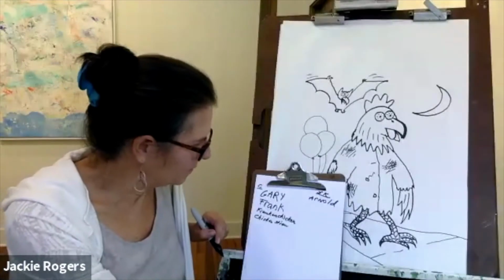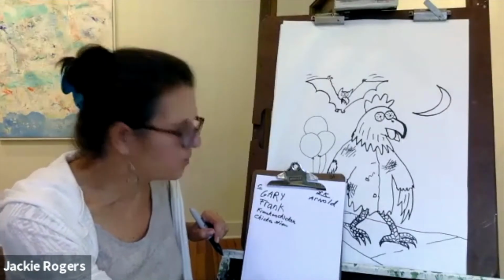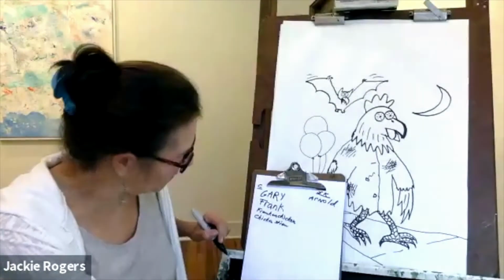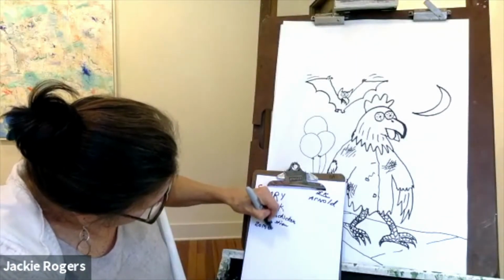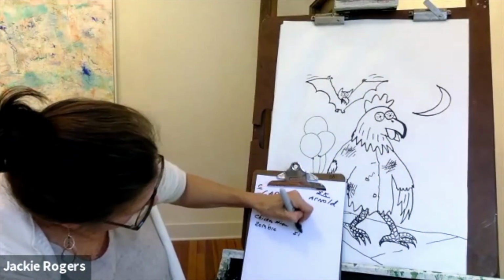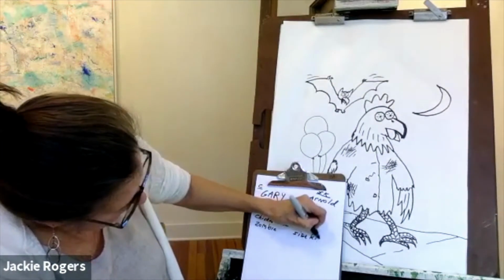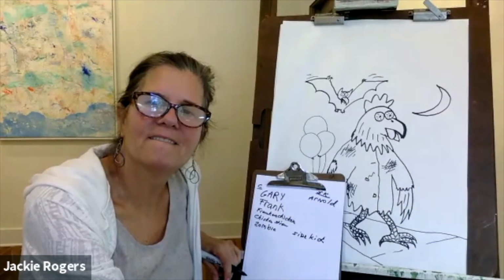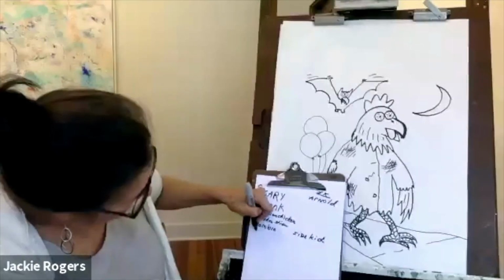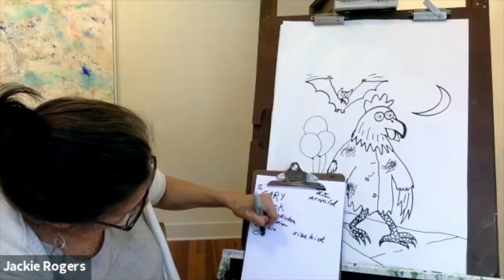Oh, well, maybe we can use those names too. Zombie and sidekick. Okay. Go ahead, Cyrus. You got a name for the sidekick? Clarence, for the chicken. Clarence the chicken.